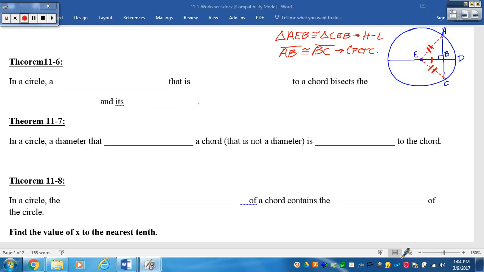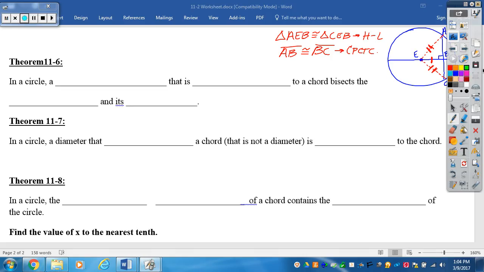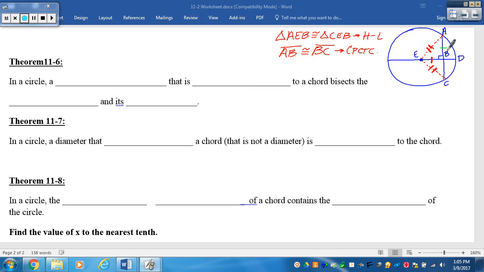And I think the other day we reviewed that concept. CPCTC stands for corresponding parts of congruent triangles are congruent. So now you can go ahead and mark out those parts as being congruent. I'll do it with a different color here to know that it was after we proved the triangles congruent.